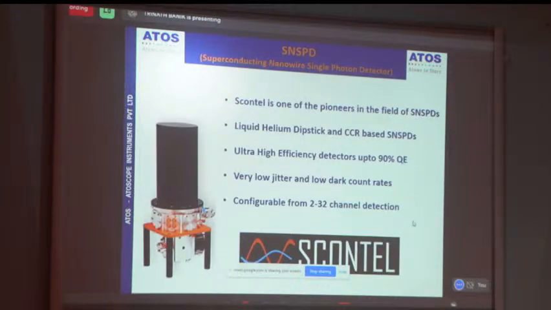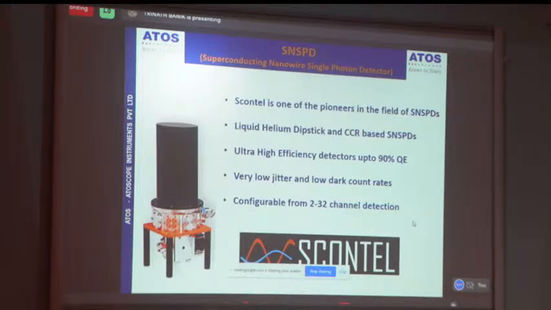We have this product called SNSPD. As you know very well, the Indian research market is going into the communication space. So more and more researchers are trying to do quantum communication research, quantum optics research, quantum entanglement research. So we have this very high efficiency SNSPD system, and people at RRI, Bangalore, and other places are trying to use our system.